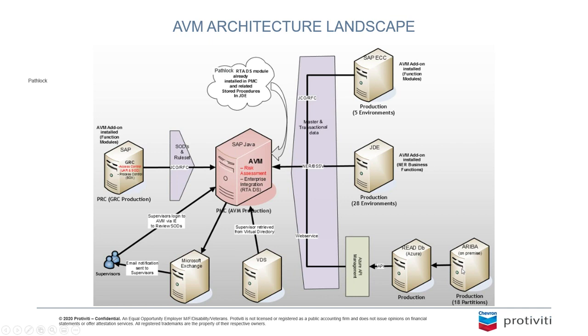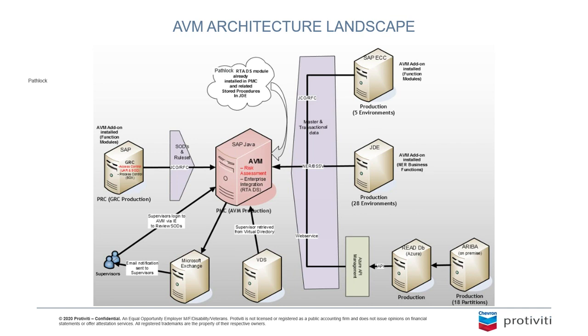And so what we did here was set up AVM to ingest the relevant transactional data for those 50 SOD risks in question in order to perform the analysis that it needed to perform to say, hey, this user did edit a vendor master and pay that vendor, or for any of the other 49 risks that we set up.